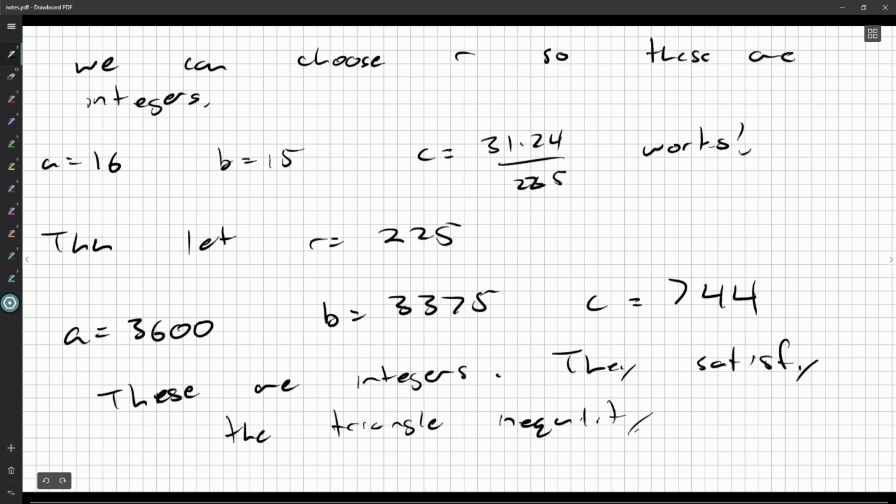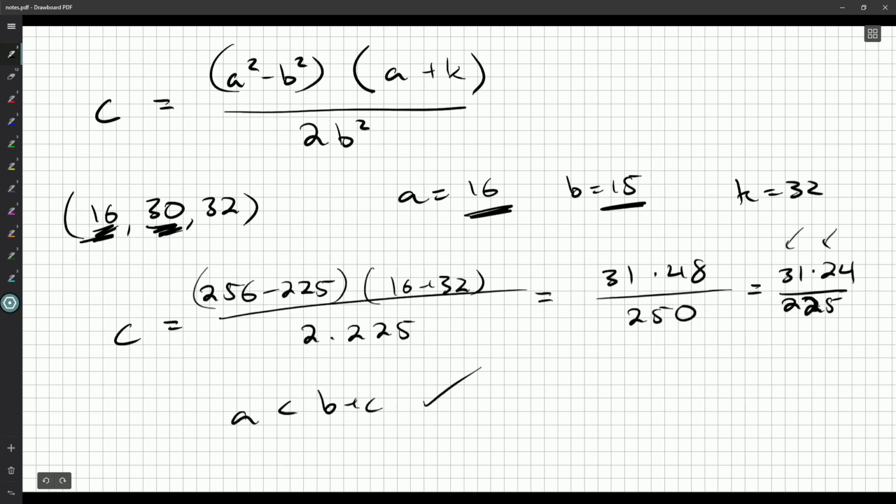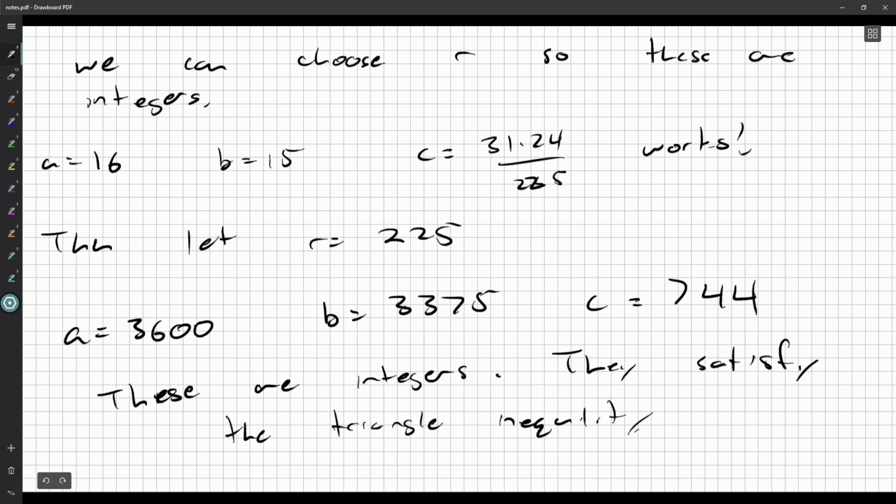Because the biggest one, A, is definitely less than 4,000, which is less than the sum of B and C, the two smaller ones. And I'm confident from my work before that they satisfy that quadratic in C, but we can double check that.